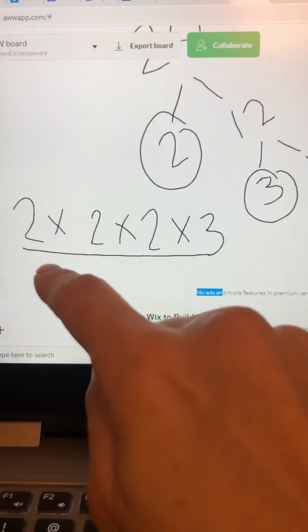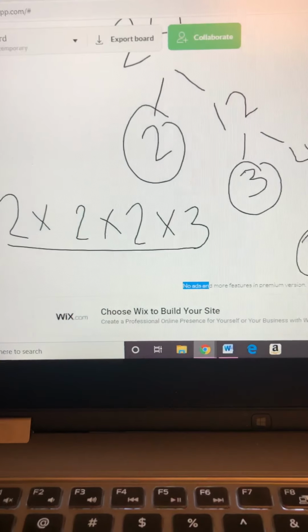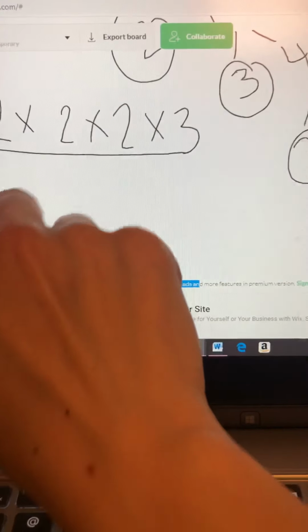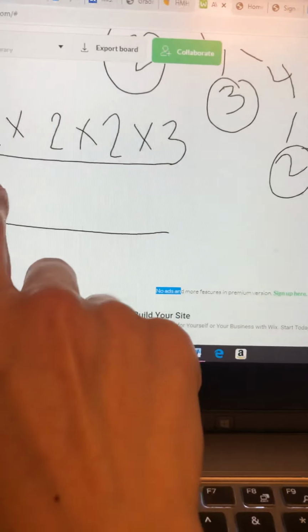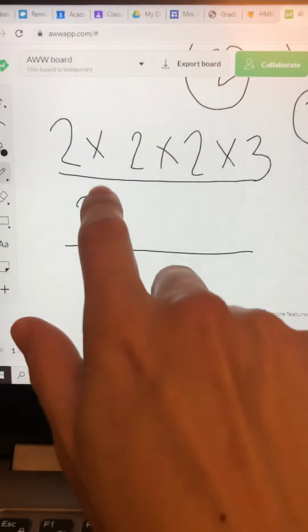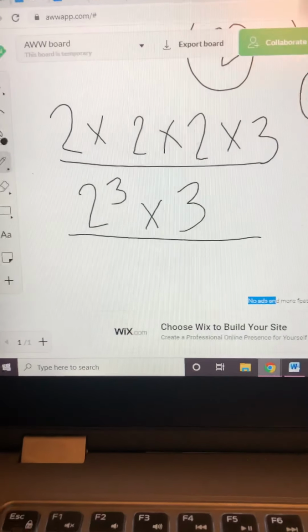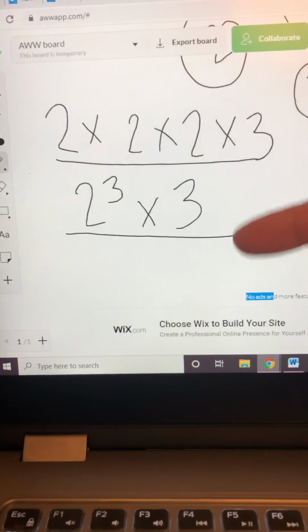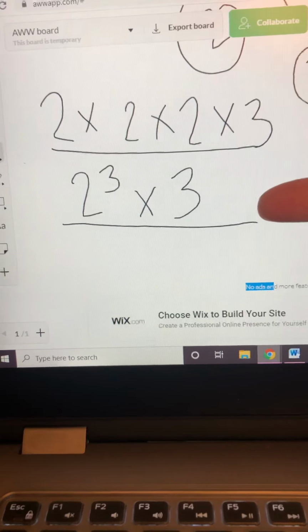So you would write them in order from least to greatest. We had 3 twos and 1 three. Or you can write your answer with exponents. So we have 3 twos, so we would write 2 to the 3rd power times 3. They're both the same thing. So either one would be correct, okay?